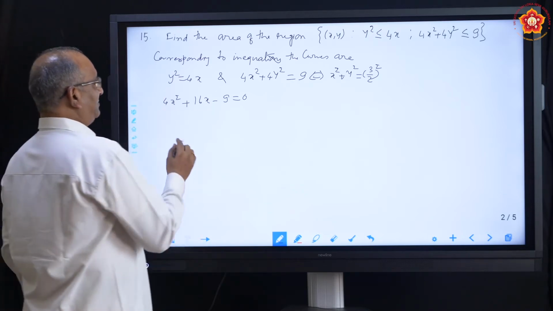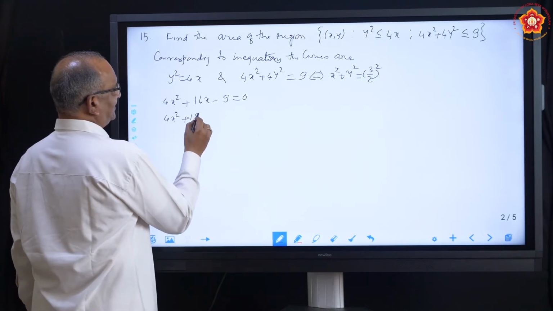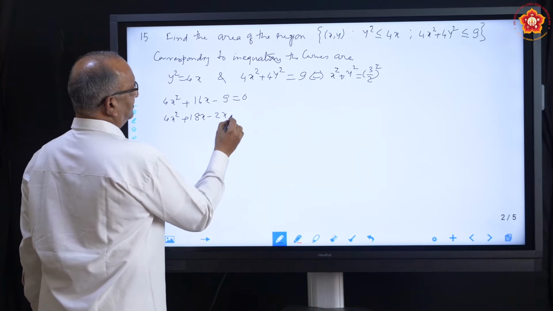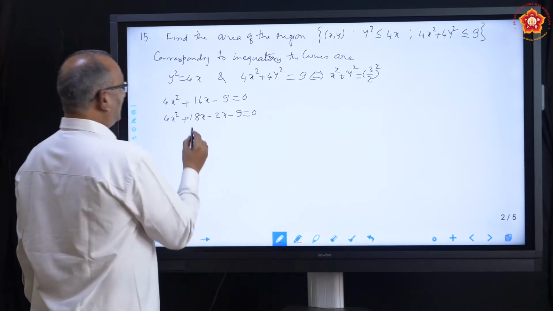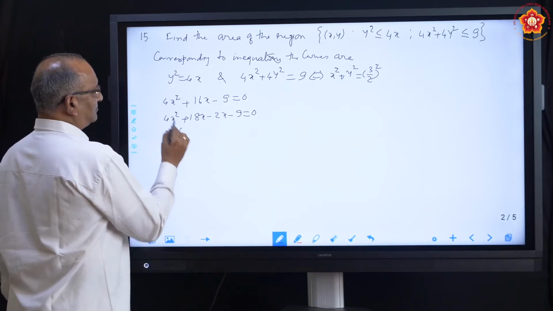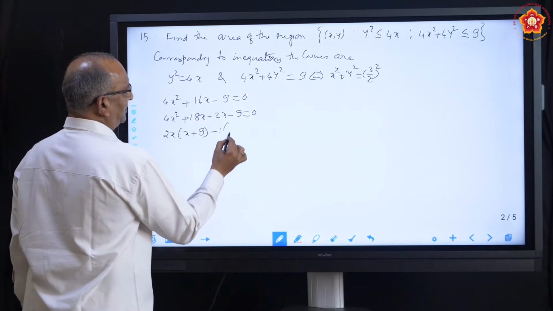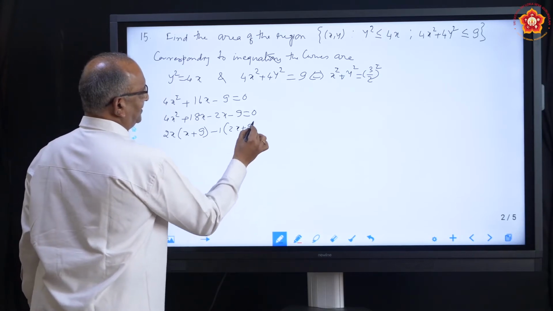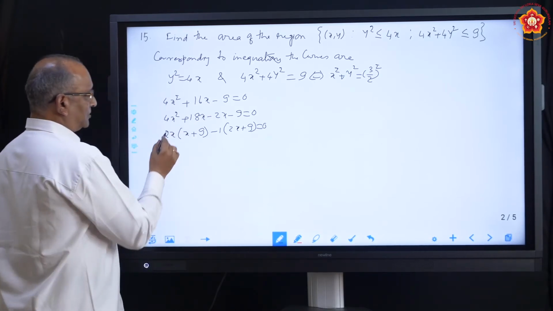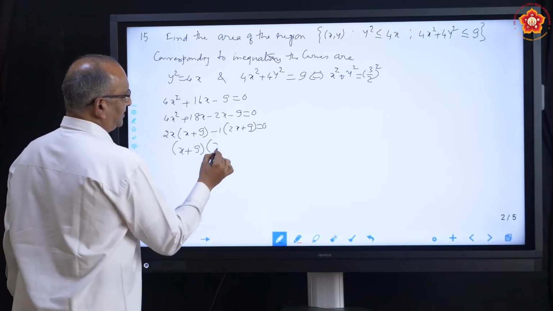So this can be written as 4x square plus 18x minus 2x minus 9 equal to 0. If you take 2x common, you will get x plus 9. And here if you take minus 1 common, you get 2x plus 9 equal to 0. So the factors are x plus 9 and 2x minus 1.